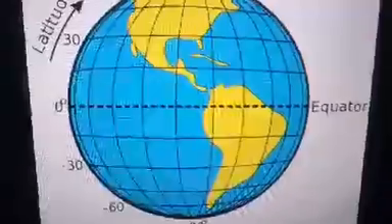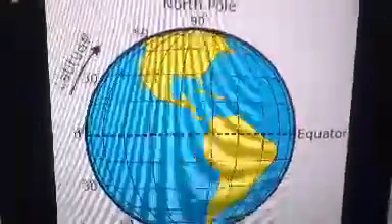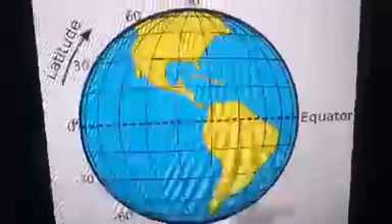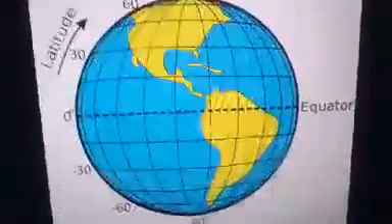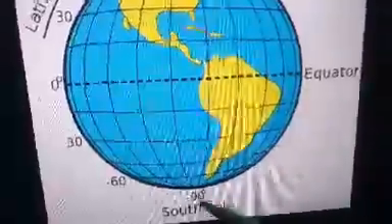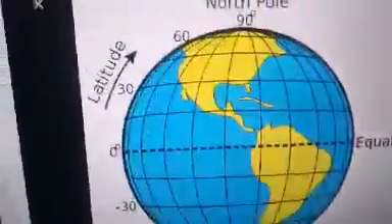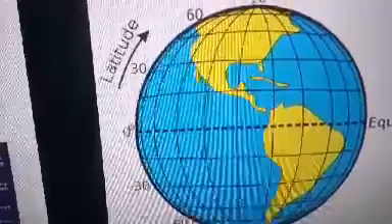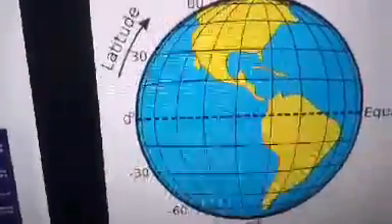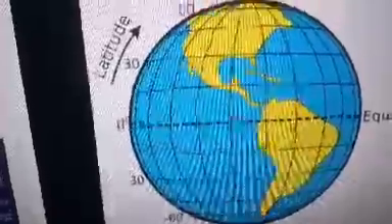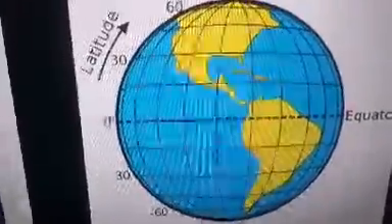Here you see the picture of a globe. And on this globe you can see some lines horizontally and vertically. These horizontal lines which move around the globe and make a full circle are called latitudes.